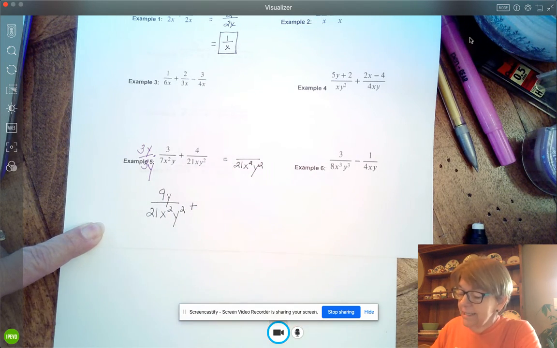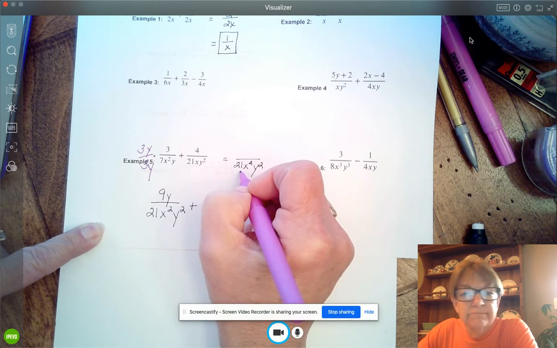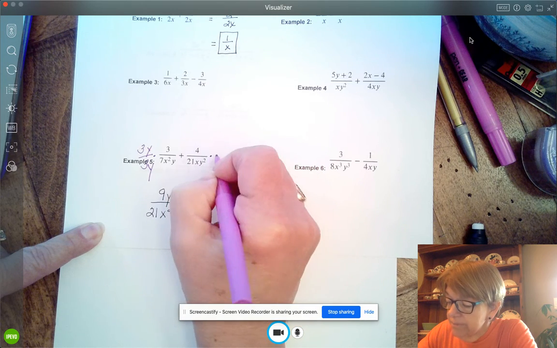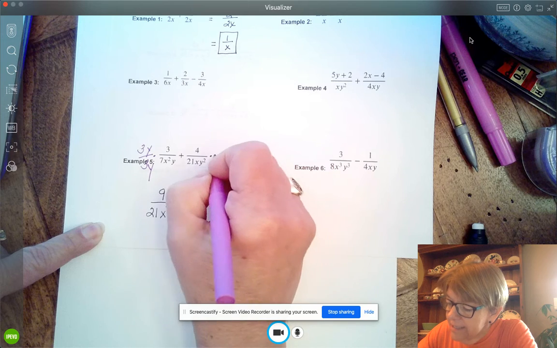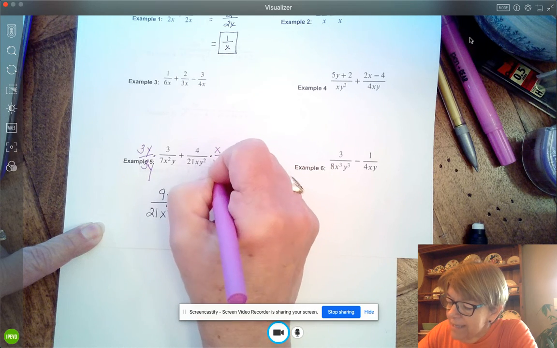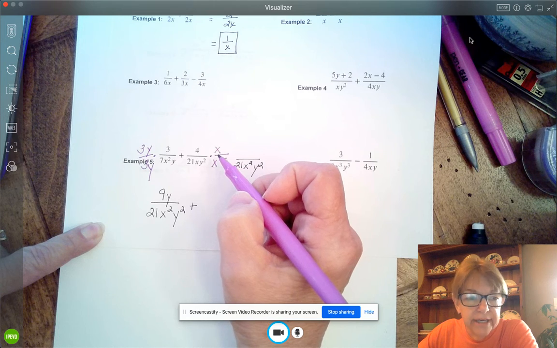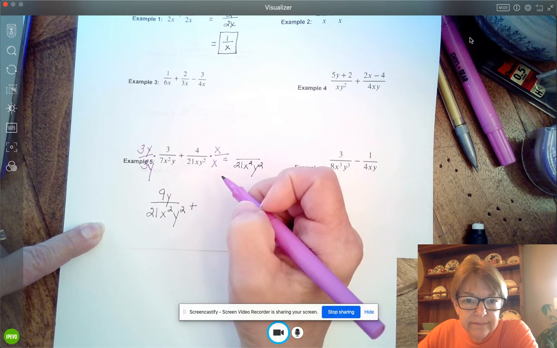Now let's see what I need to multiply this one by. I have a 21 and a 21. So I do not need to multiply it by any number. Okay, I have an x and an x squared. I'm going to have to multiply it by an x to get an x squared, and whatever you do to the denominator, you have to do to the numerator. Y squared, I've already got a y squared.